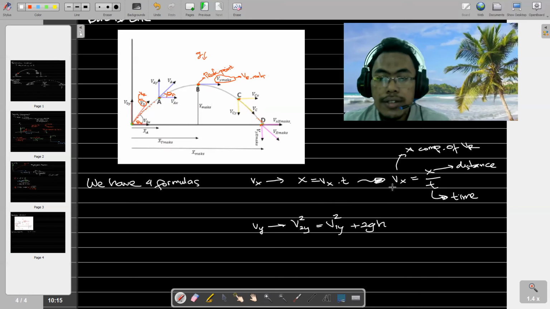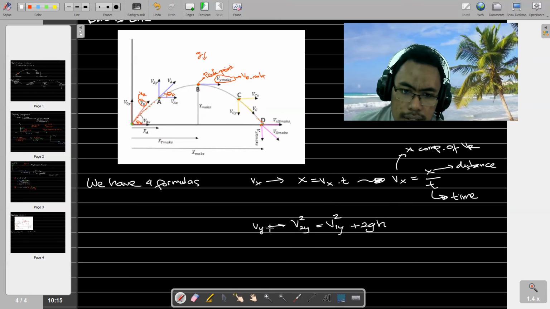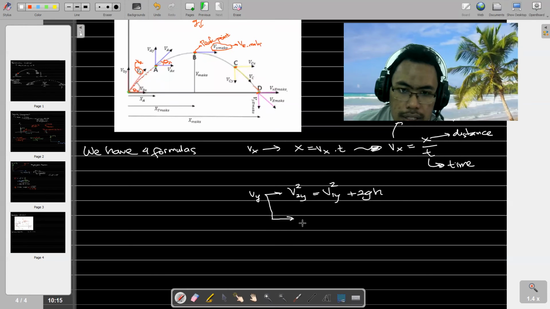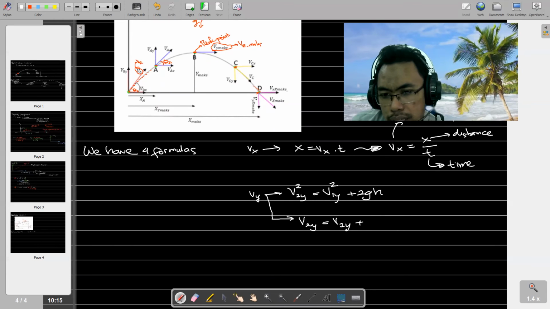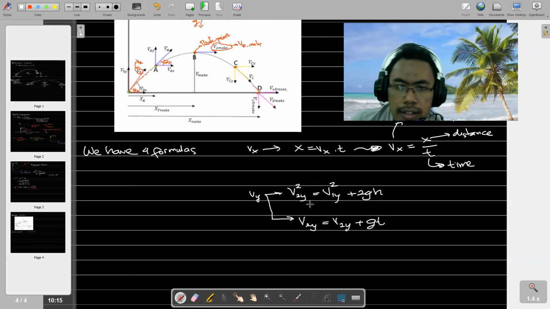2GH. Okay. And then another formula is V2y equals V1y plus GT.